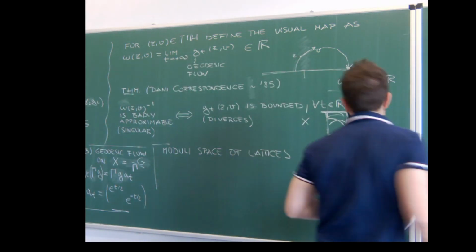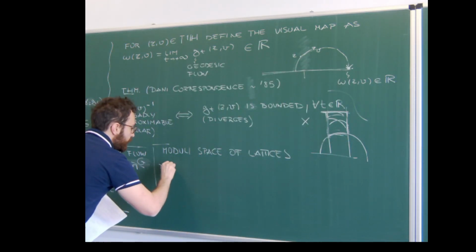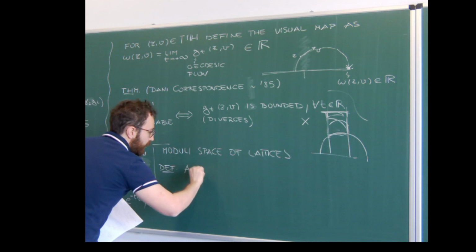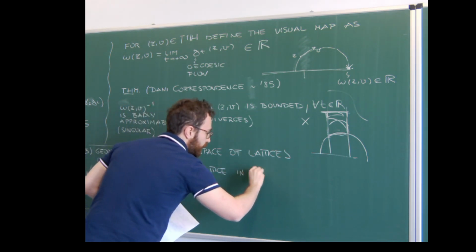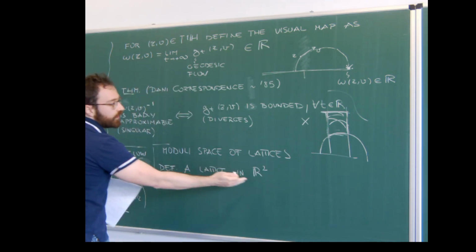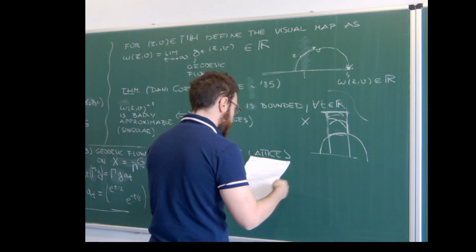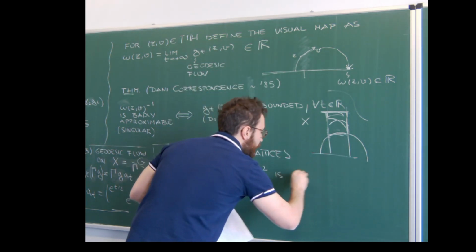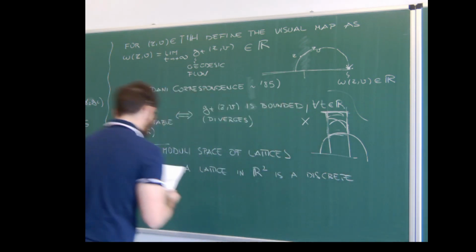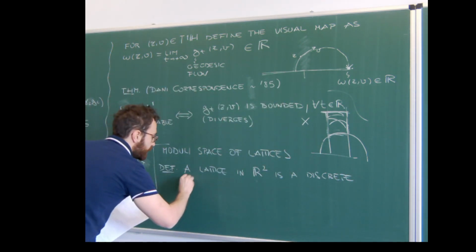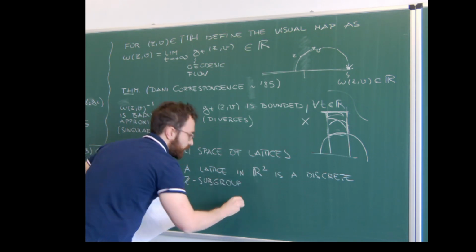Okay, so let me give the following definition. A lattice in R2. For now I'm going to work in R2, but you can do the same thing in Rd, whatever dimension, is a discrete Z subgroup of full rank.